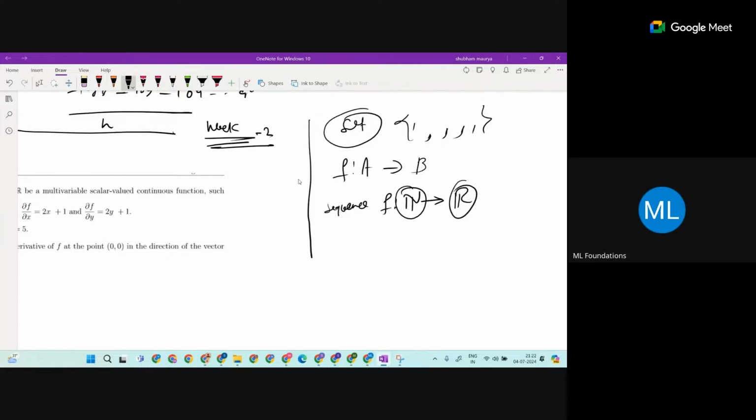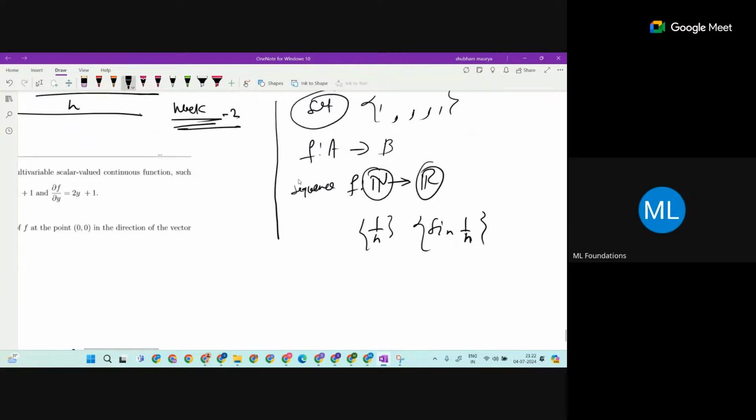For example, sin n itself. This is a sequence, where n represents counting numbers. You input starting from 1, 2, 3, 4, 5, and these are the terms. So sin 1 is the first term, sin 2 the second term, sin 3 the third term.